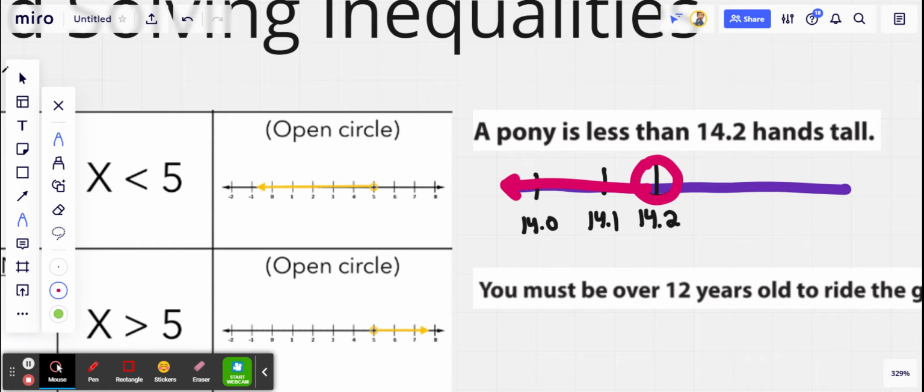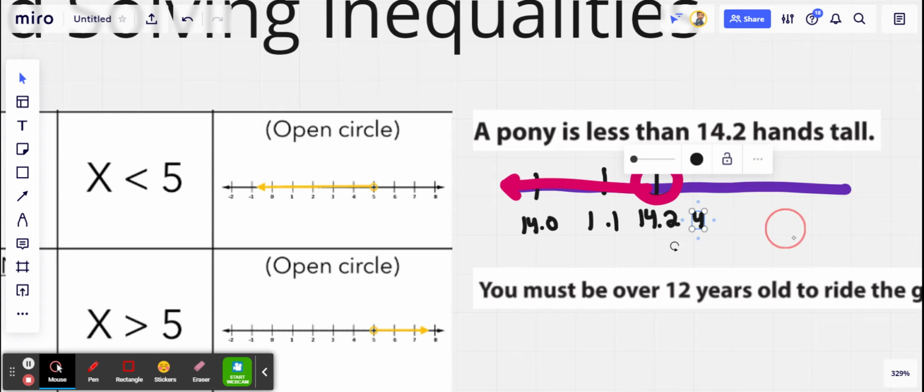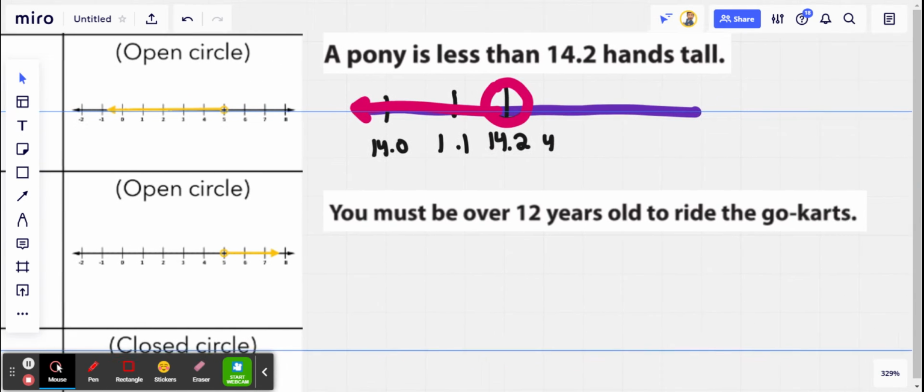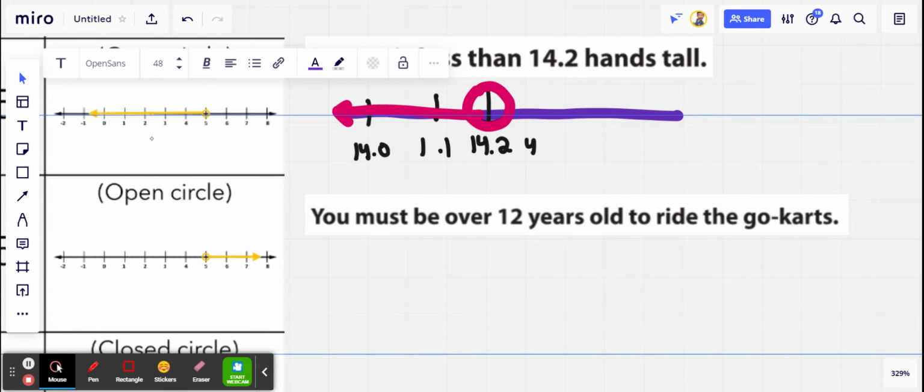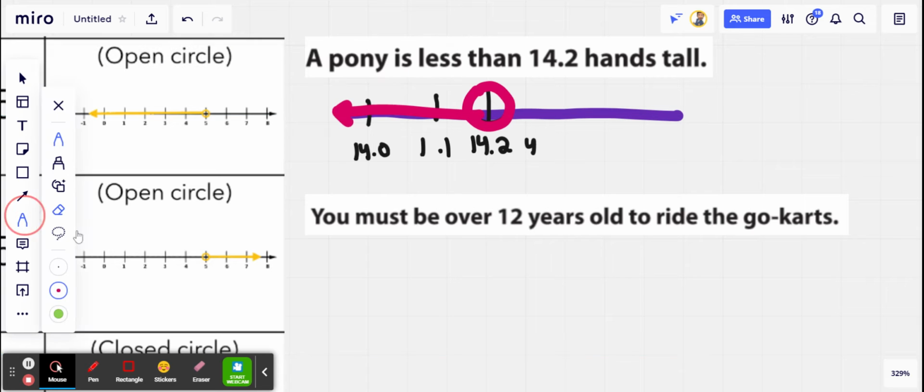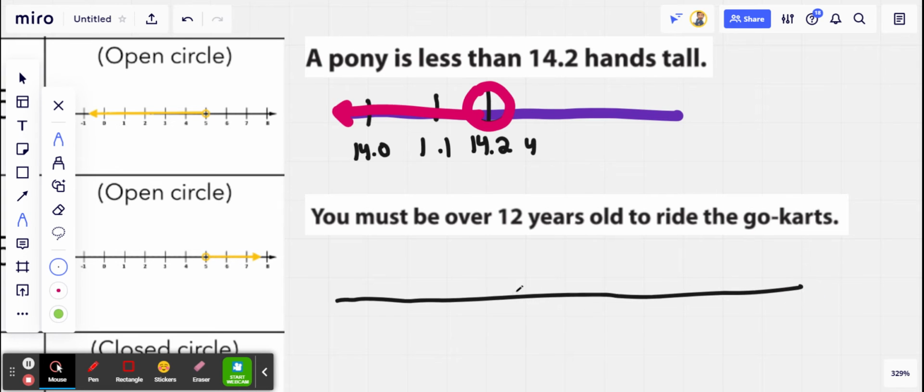You must be over 12 years old to ride the go-karts. Okay, so let's make a number line, and let's show you what that looks like. Here's our number line. So we'll start here.